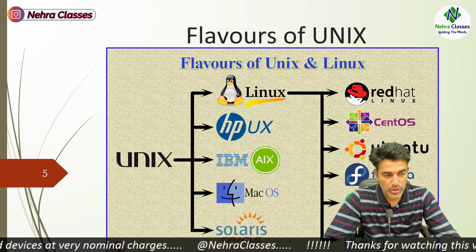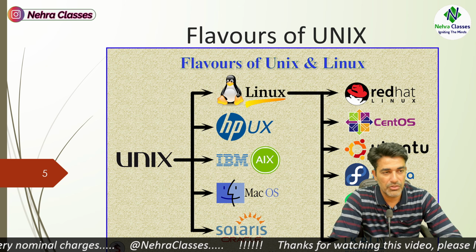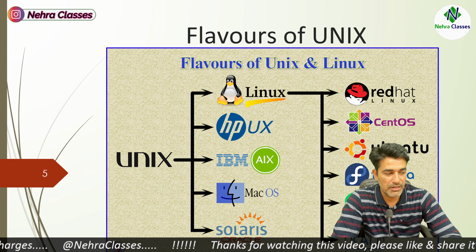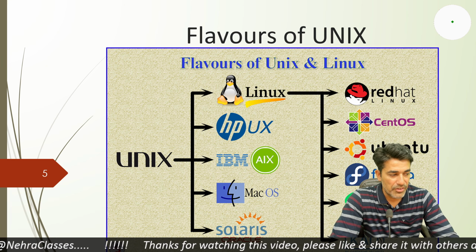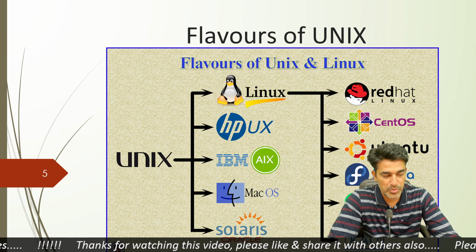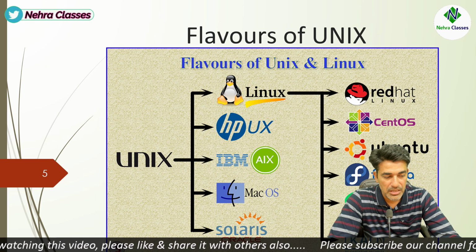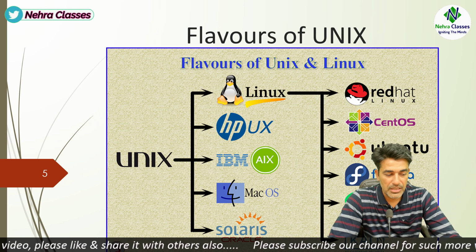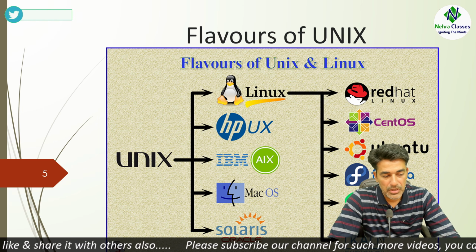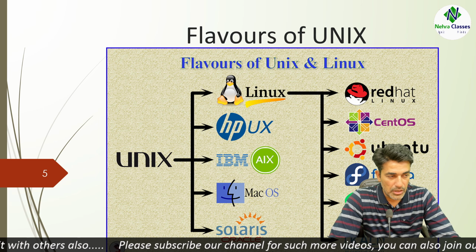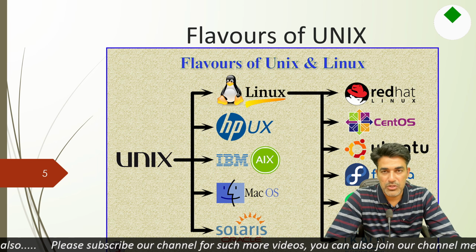Now, I'm going to show you a picture of flavors of Unix. You can have a look at this. We have different flavors of Unix here in this picture, like Linux, HP-UX, IBM AIX, Mac OS, and Sun Solaris. All these are the flavors of Unix.